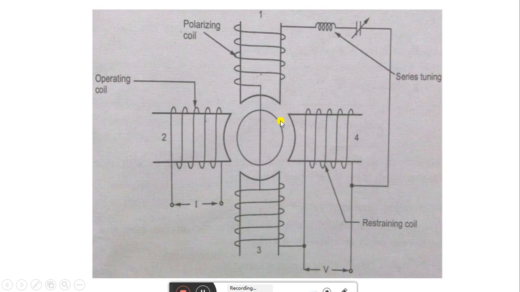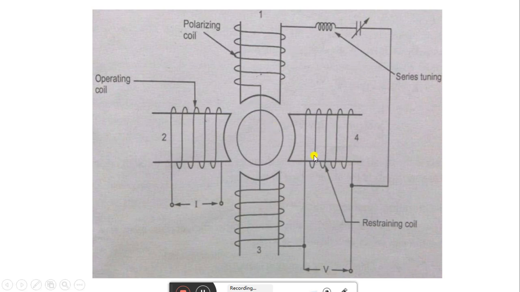As we have discussed in the case of the reactance relay, for a certain value of reactance measured by the relay, if that reactance lies within the characteristic line, then the relay will operate, and if the reactance measured is more than the set value, then the relay will not operate.